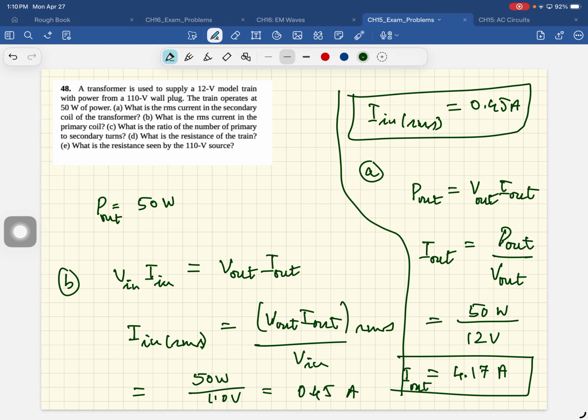And then what is the resistance seen by the 110 volt source? So the input resistance.